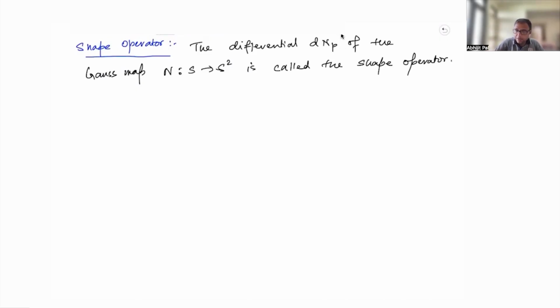So now let me prove one of the properties of this shape operator.